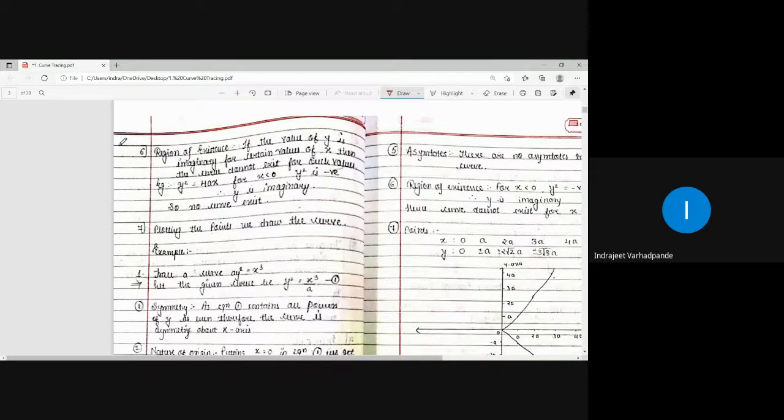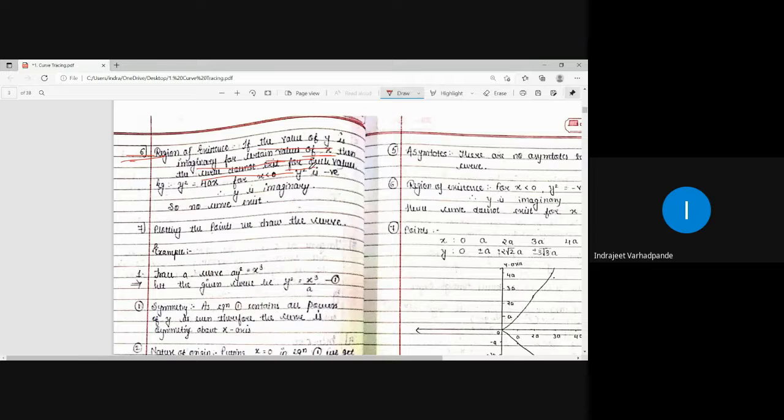The next point, the sixth point is region of existence. वो कर्व का कहां तक बाउंड्री या एग्जिस्टेंस है वो मुझे पता करना है. So if the value of y is imaginary for certain values of x, then the curve does not exist for such values, right? Now how y can be imaginary? जब square root of a negative number होता है we say that the imaginary number i is introduced.